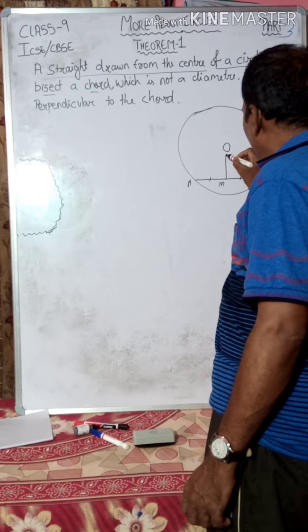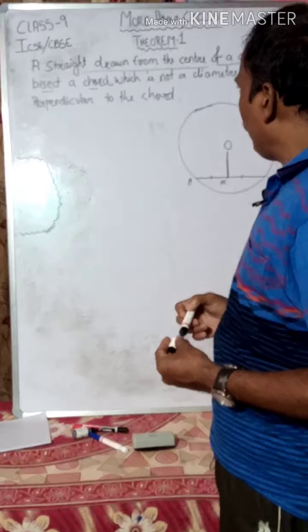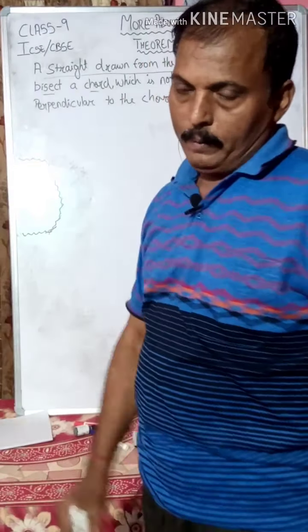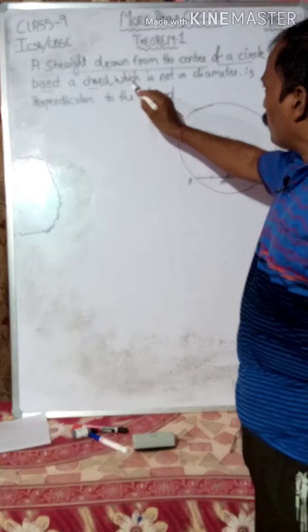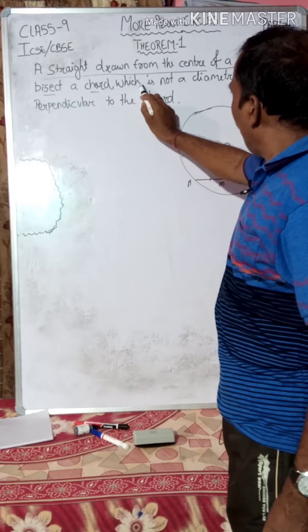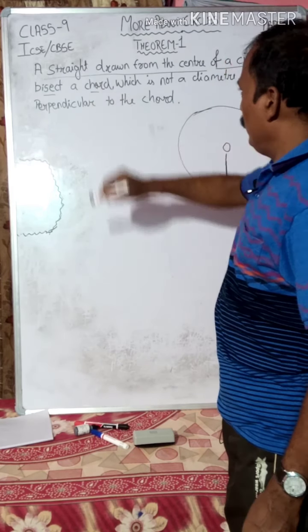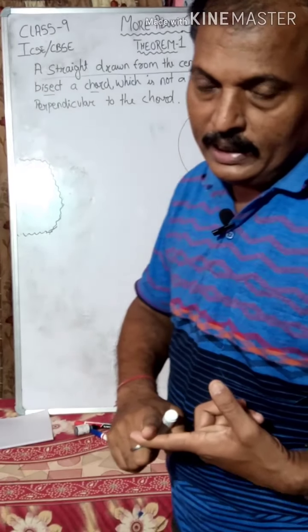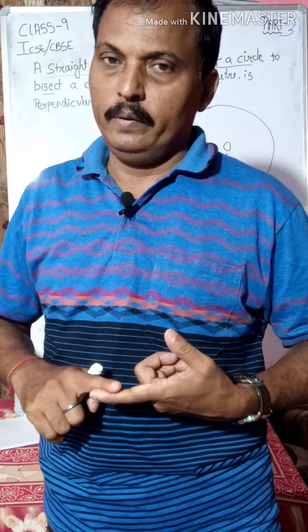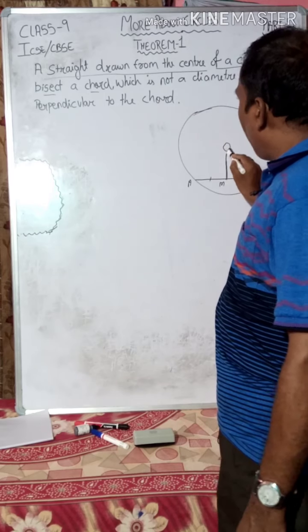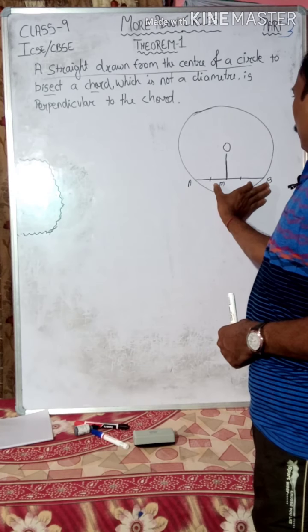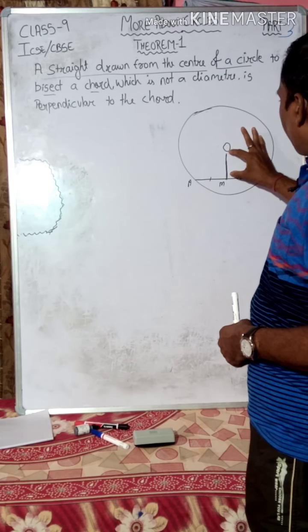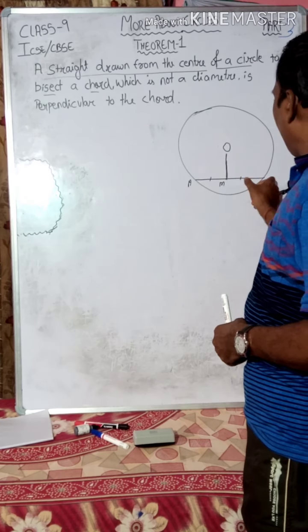Bisect a chord which is not a diameter: "which" refers to the chord. That is a complex sentence with a relative clause. This is not a diameter, this is a chord, which is perpendicular to the chord, means OM is perpendicular to AB.